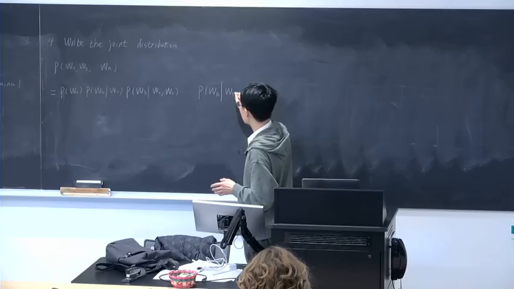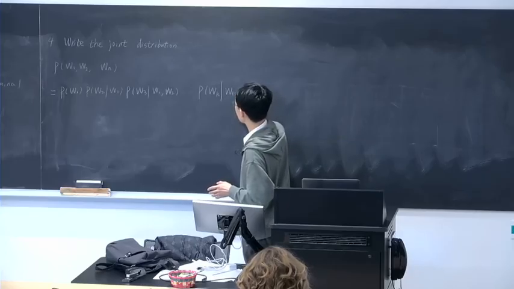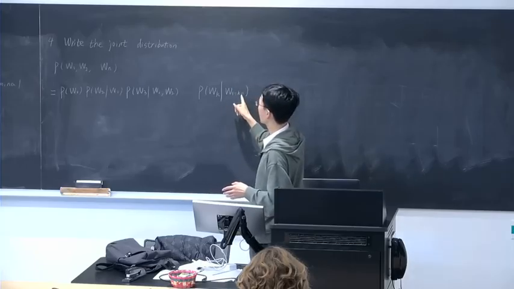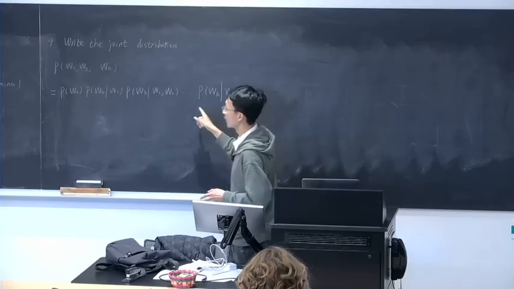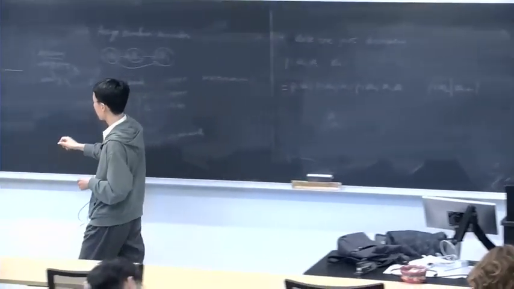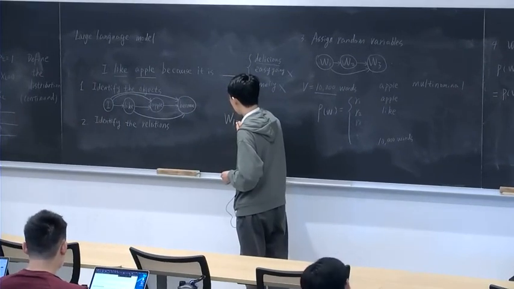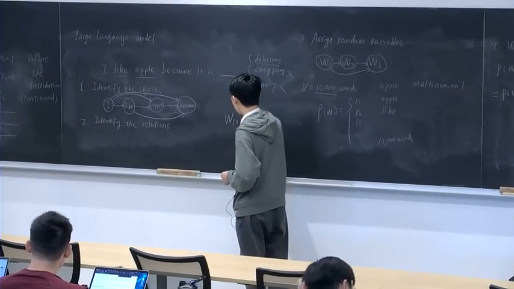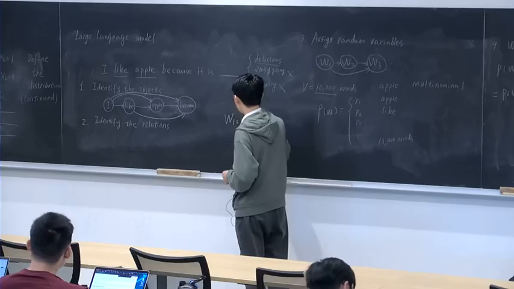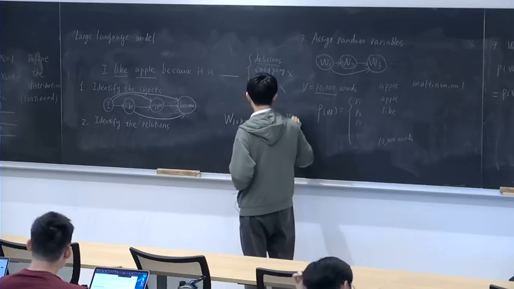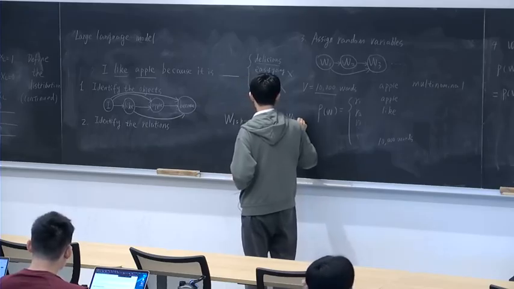So we use a notation, W1 to K minus 1, to denote W1, W2 up to WK minus 1.